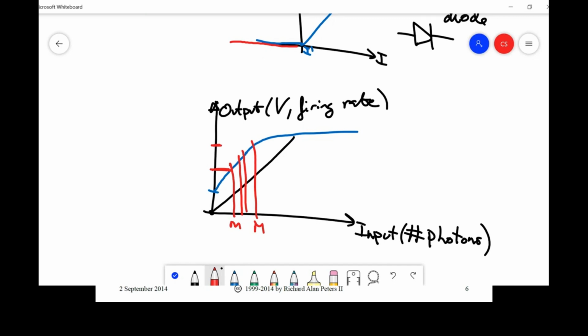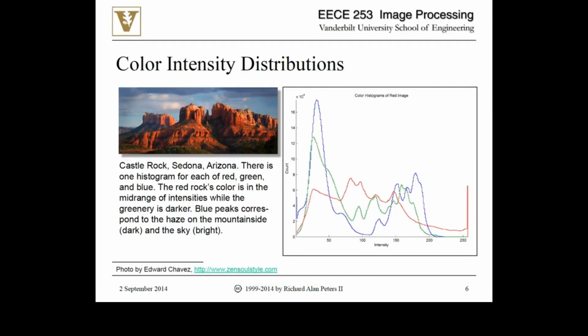And this is what we have seen in this image. The red sensor is saturated, and the blue sensor is also saturated. It can be saturated because it is receiving a lot of light or because it is receiving too little light.